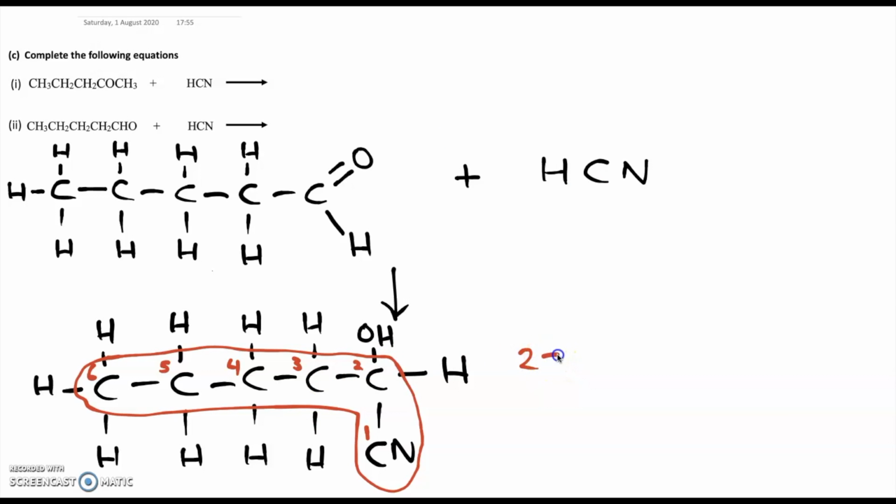So this is going to be called 2-hydroxyhexanenitrile. Once again, I've decided to draw out the full structural formula to represent the equation because it's easier to understand what's happening that way.